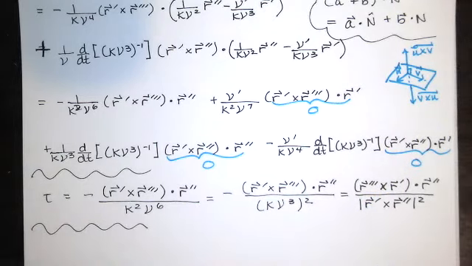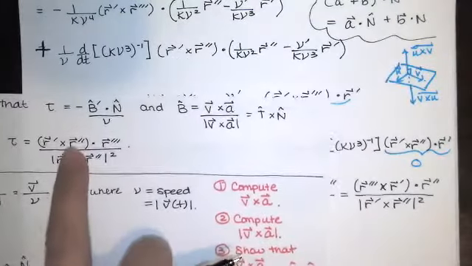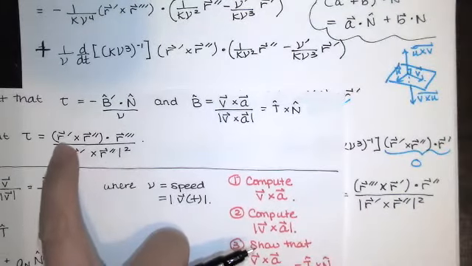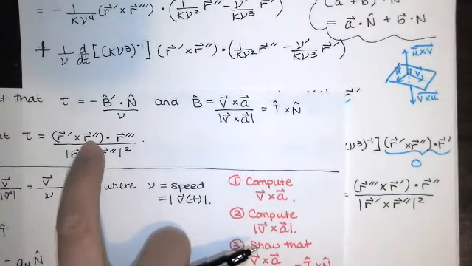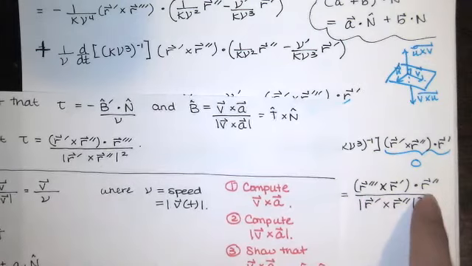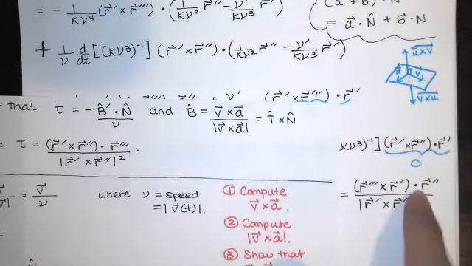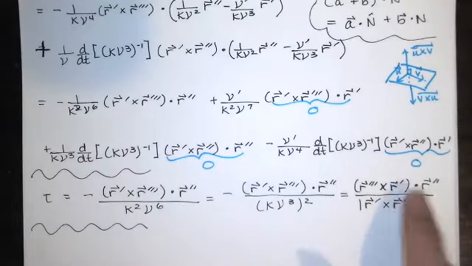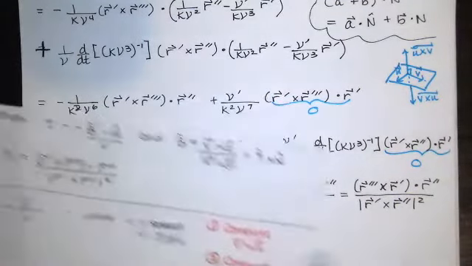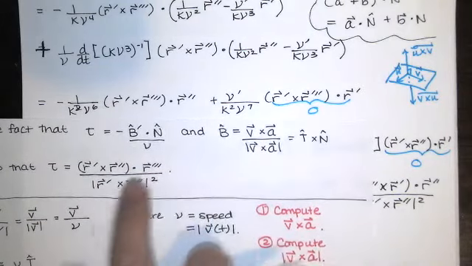And the claim is that this is equal to this. You might say, how on earth is the cross product of r prime and r double prime dotted with r triple prime equal to this? It actually turns out that those two are equal to each other. That's the last thing that we have to show to prove that this fact and this fact lead to this fact.